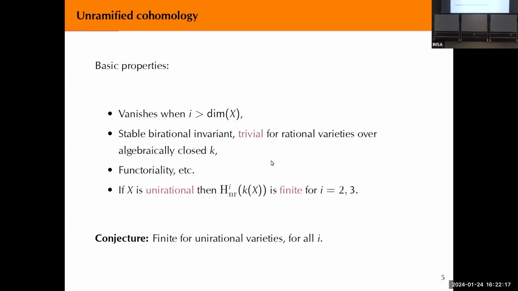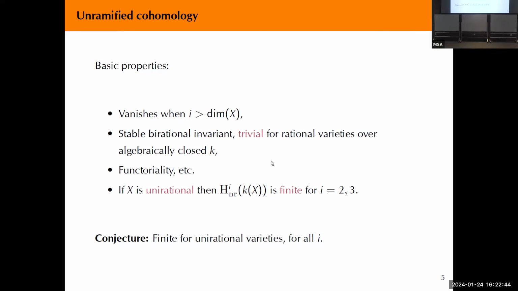Then you want to understand, what can we say about rational varieties in general? The basic result is that for I equals 2 and 3, it's actually fine under the fact formula. So you can ask, is it true that for all rational varieties and all I, those groups are finite? That, of course, we don't know.